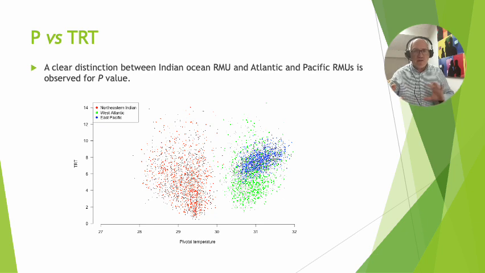First, we can represent the distribution of possibilities of, for example, pivotal temperature on the X axis and TRT on the Y axis. And here it seems there is a clear distinction between the Indian Ocean RMU on one side, and Atlantic and Pacific on the other side. But is it true, or is it because there is a lack of data?